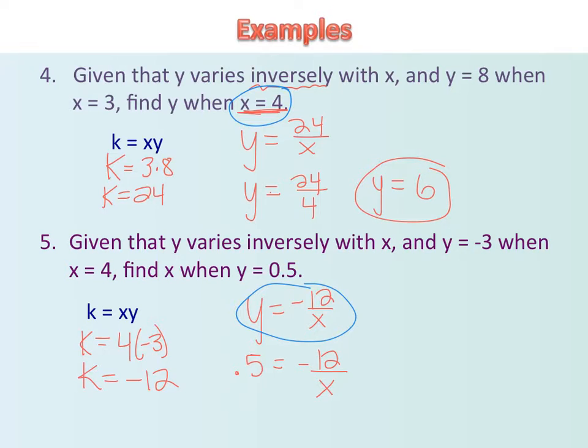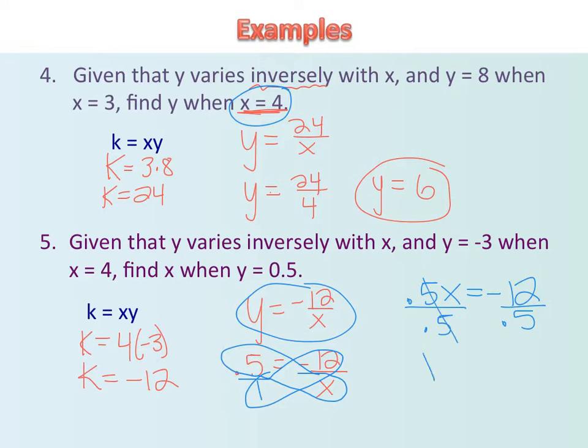If you had to solve this as an equation, you would treat it like a proportion and cross multiply, and you'll get 0.5x equals 1 times negative 12, and then you're going to divide by 0.5, and we'll get x is negative 24. Now, we want to make sure that's right, so we should be proving that negative 24 times 0.5 is going to give us negative 12, because 4 times negative 3 gave us negative 12, and we should always get that same product when we multiply our x's and y's.